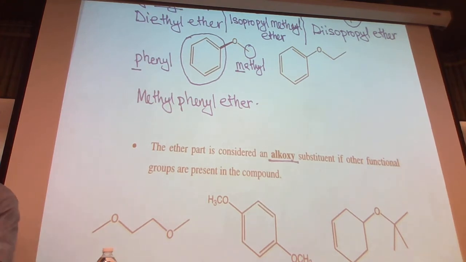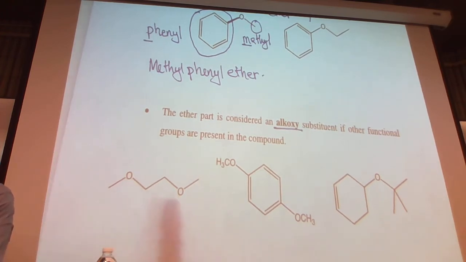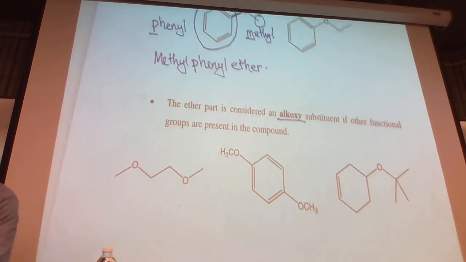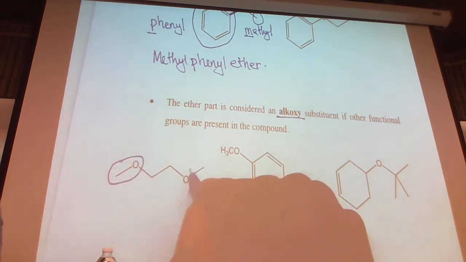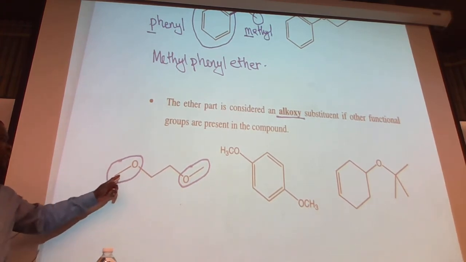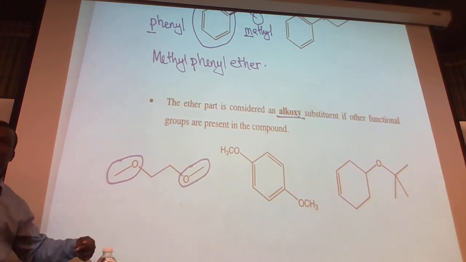So here we have two of the ether functional groups, so it's no longer one, so we cannot call this ether. We have to treat these as an alkoxy and that as an alkoxy. So if on your alkoxy you have one carbon, it becomes methoxy from methyl.